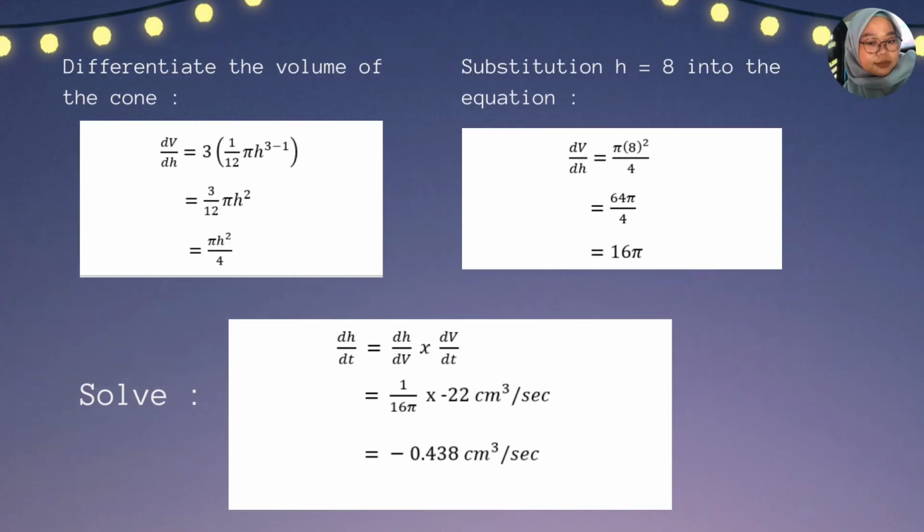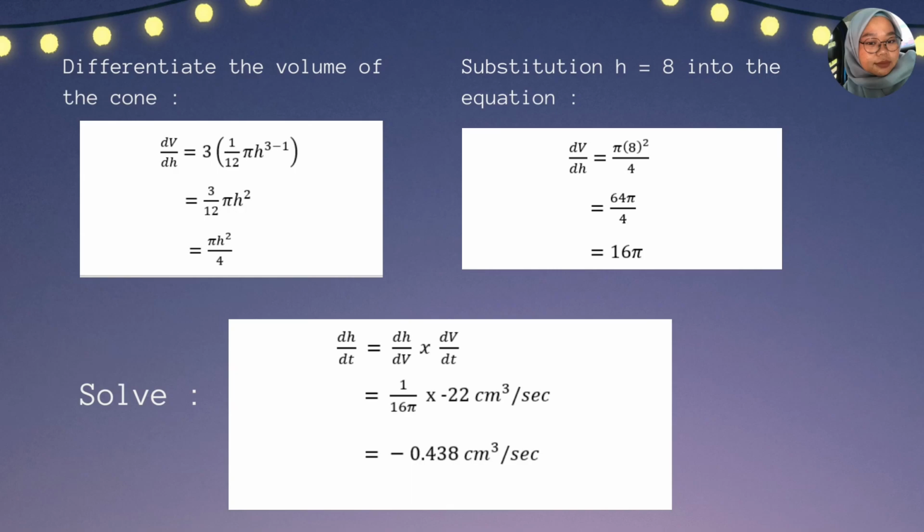Next, we will differentiate the volume of the cone, dV/dH, and we will get pi h squared over 4. Then, we have to substitute h with 8 cm into the equation, and right now we have 16 pi as the result of dV/dH. Then, we substitute all the answers into the equation. But first, we have to convert the dV/dH into dH/dV, so it will become 1 over 16 pi.